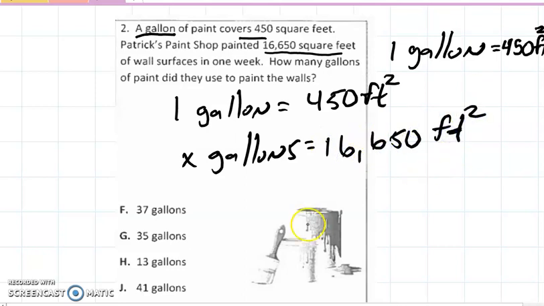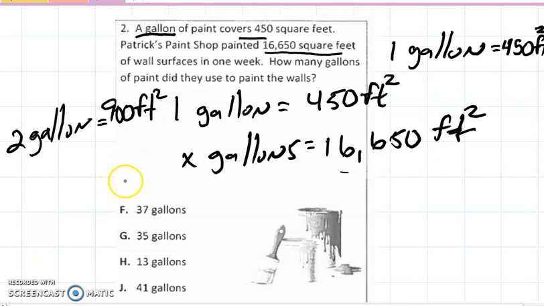So what you have to figure out is how many gallons he needed to cover 16,650 square feet. 1 gallon is 450. If I had 2 gallons, 2 gallons would be 450 doubled, times 2. That would be 900 square feet. So you have to figure out how many gallons he needs. What number is he going to get to where he finally covers that much?